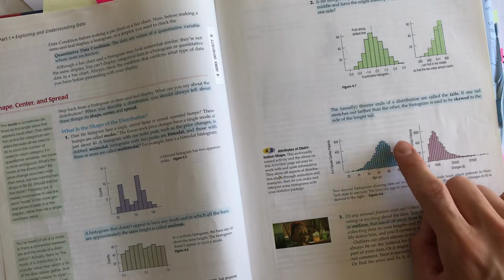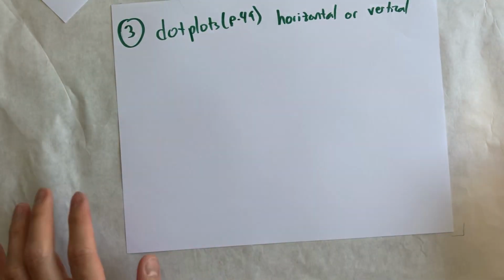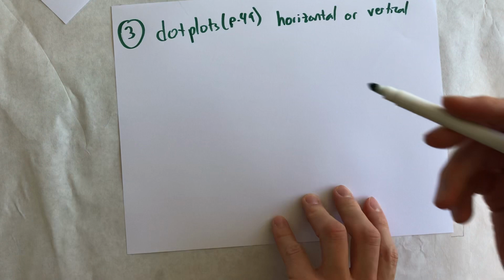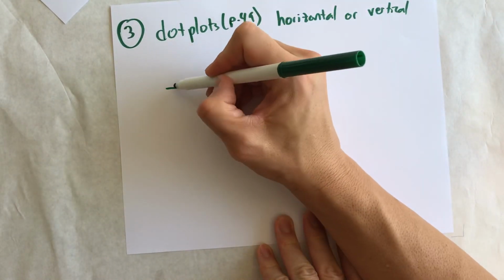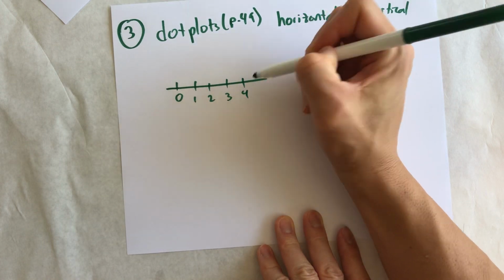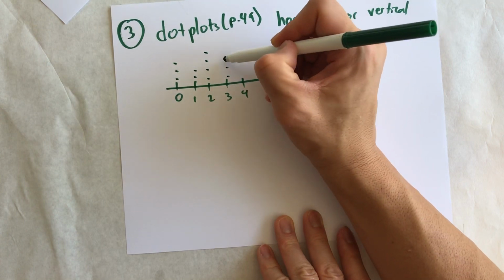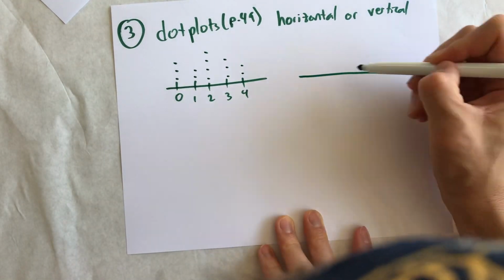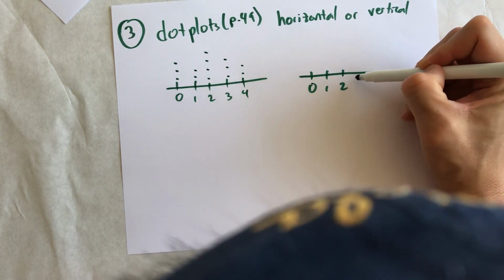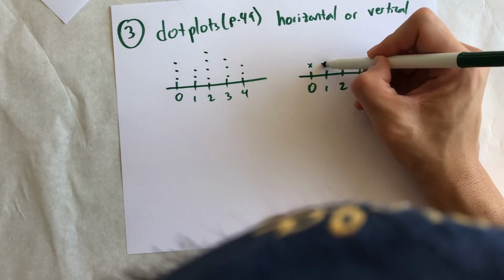No. Histograms as well could be horizontal or vertical, but usually you see them as vertical. So dot plots could be anything, say 0, 1, 2, 3, 4, and you just make dots. It's like how frequently did each of these values appear? Sometimes people like to use X's. You can use O's if you wanted to.